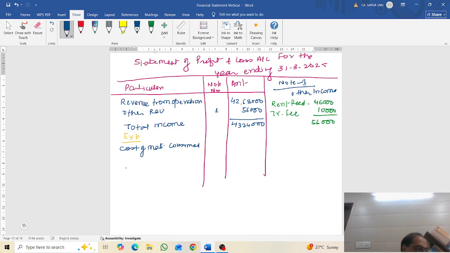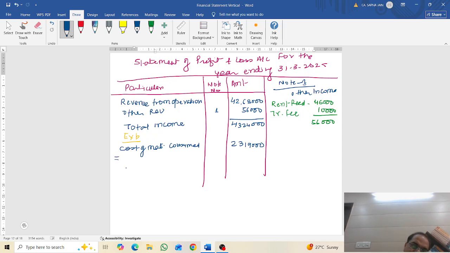Cost of material consumed, and this is 23 lakh 19,000. I cannot again and again scroll down and scroll up, so please download the question and you can easily solve the question.